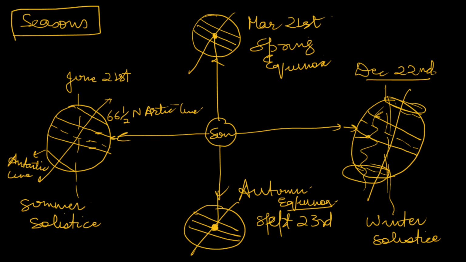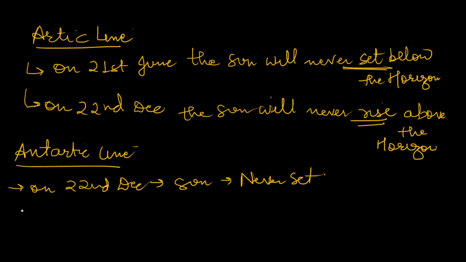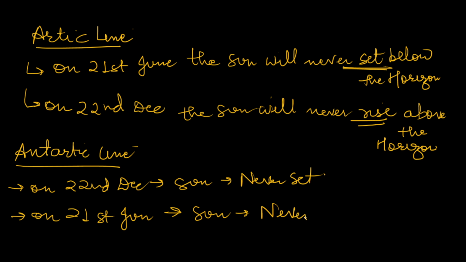And similarly on 21st June, the sun will never rise. You can see it is falling in the darker zone. So these are the concepts and questions have been asked previously in the last 2-3 years about these concepts.